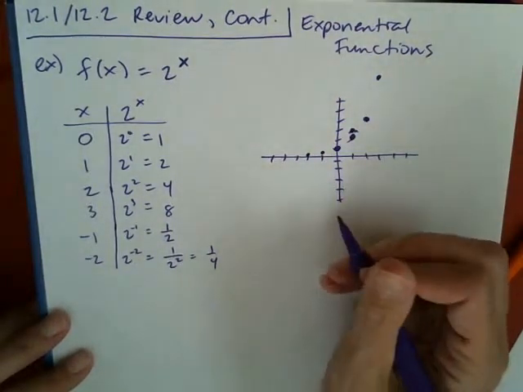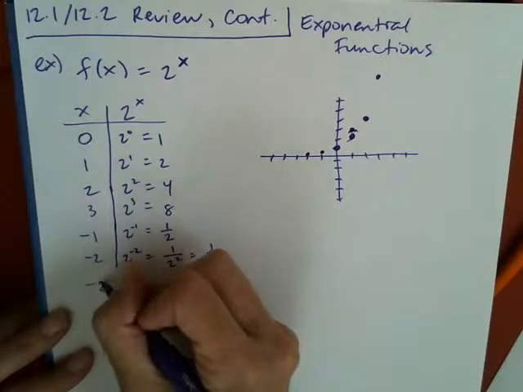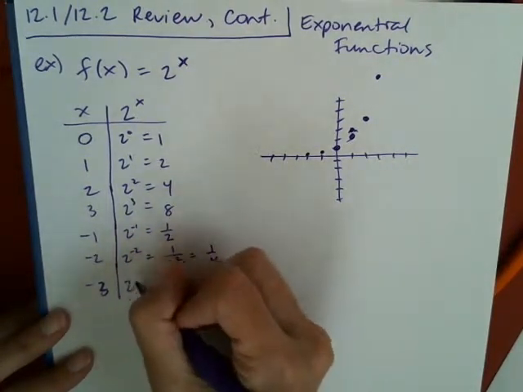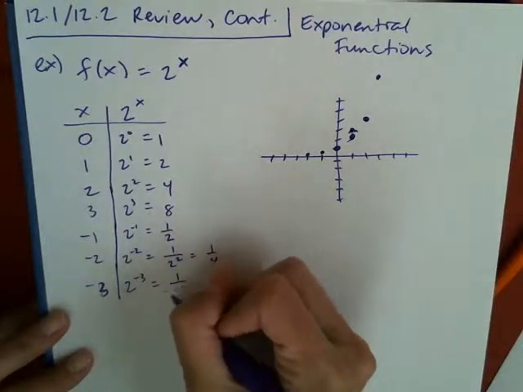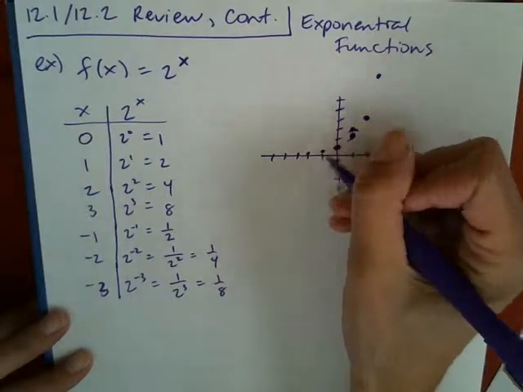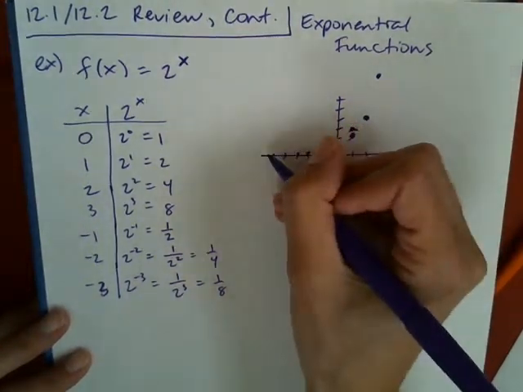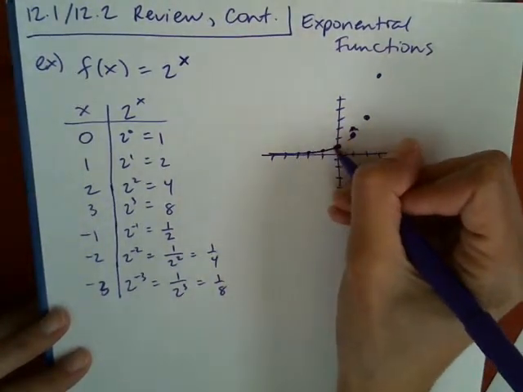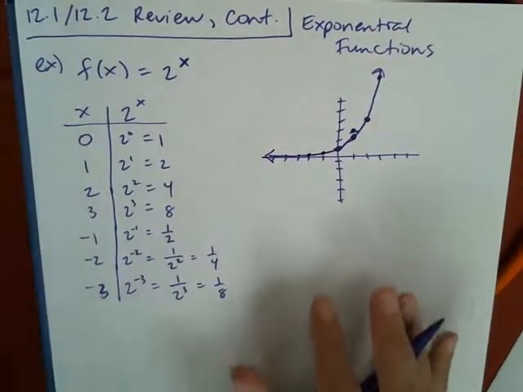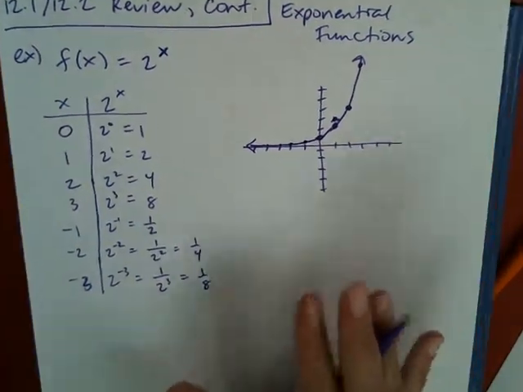So I'm just getting tiny really, really quickly. But I'm going to continue to find values no matter how big I get on the negative side. 2 to the negative 3, I reciprocate that, and I get 1/8. But I continue, I never get to 0. So as I fill this in, my exponential function looks like this. So there's my exponential function.